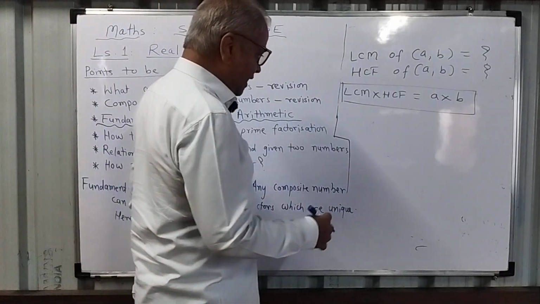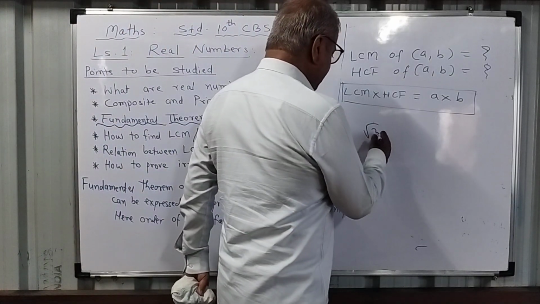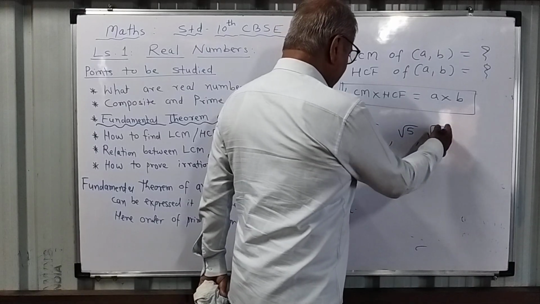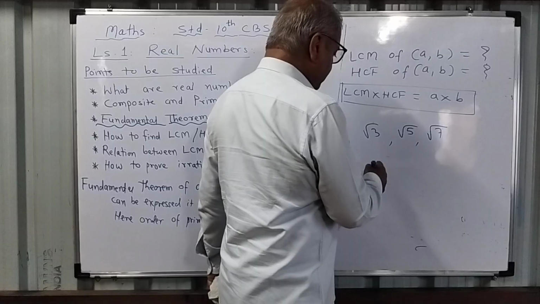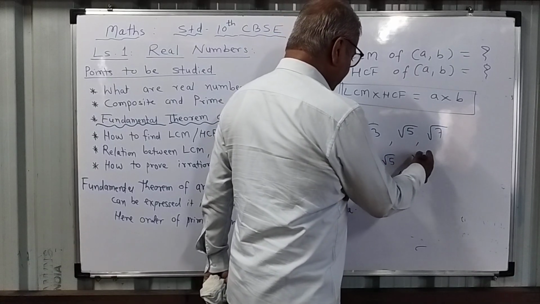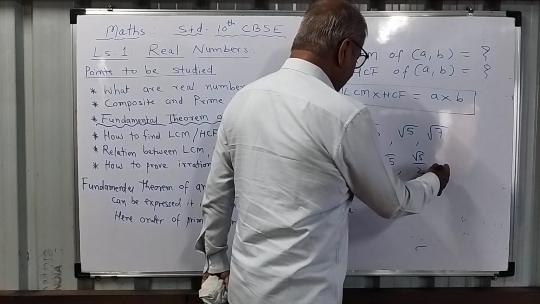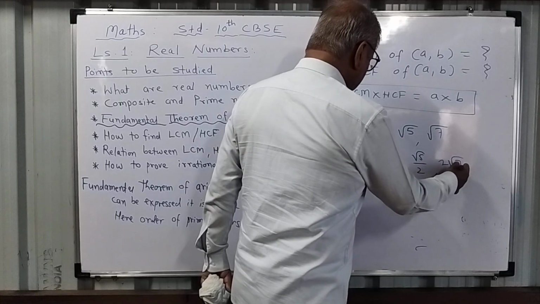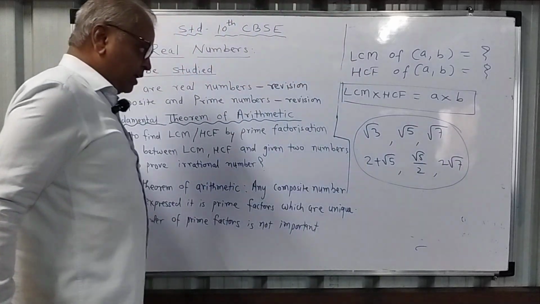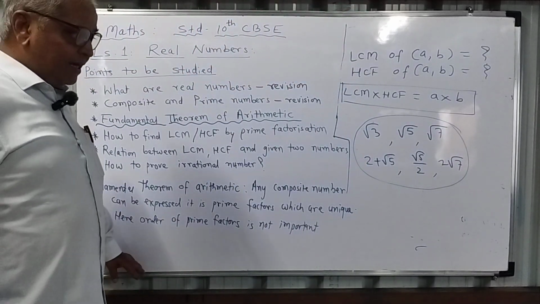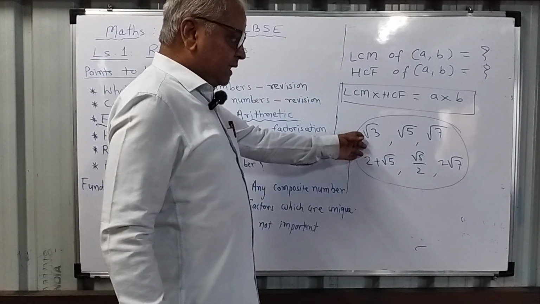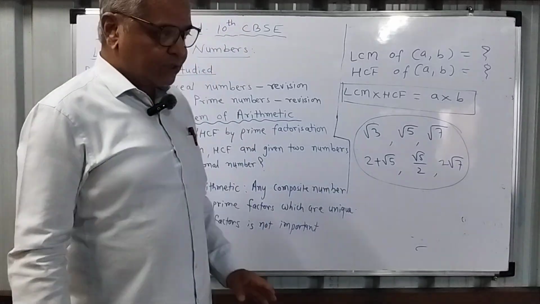Examples of irrational numbers: root 3 is irrational, root 5 is irrational, root 7 is irrational, 2 plus root 5 is irrational, root 5 upon 2 is irrational, 2 root 7 is irrational. Such numbers are irrational, but in standard 10 we need to prove how these numbers are irrational.